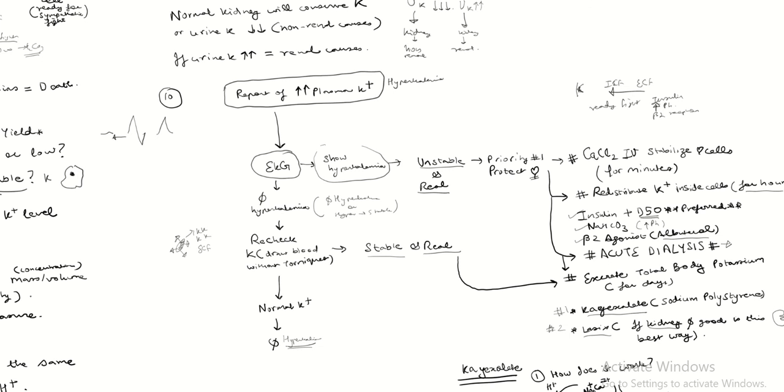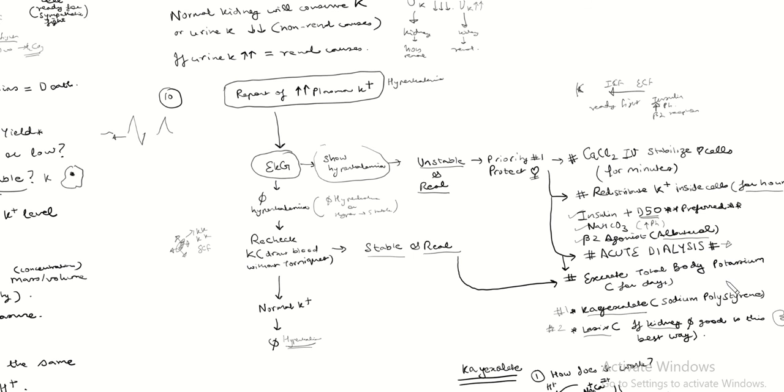If hyperkalemia is real and unstable with a bad EKG, give calcium chloride to stabilize for minutes, then redistribute it inside the cells with insulin plus D50 and/or sodium bicarbonate and/or albuterol or a beta-2 agonist, and/or consider acute dialysis.